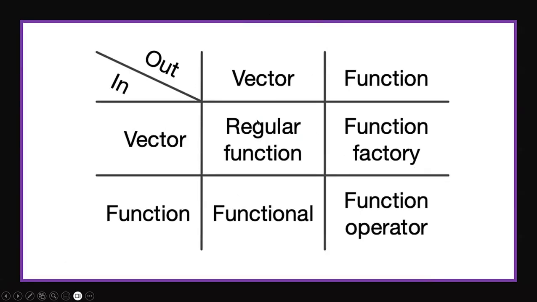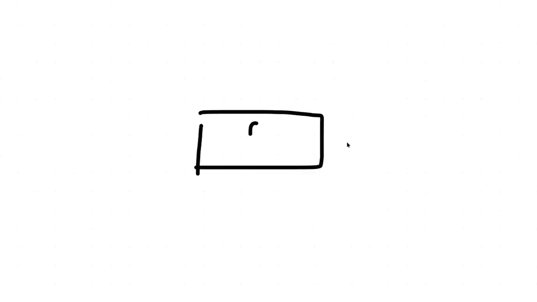So in a way, what is the major difference between functional programming and regular programming? This one tells you the idea. In traditional programming, you have a function, let's call it f, and you put some input into it.